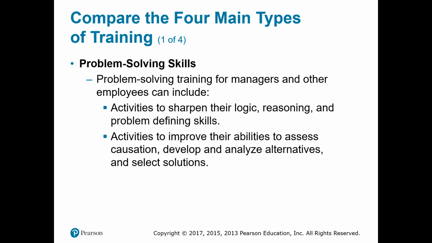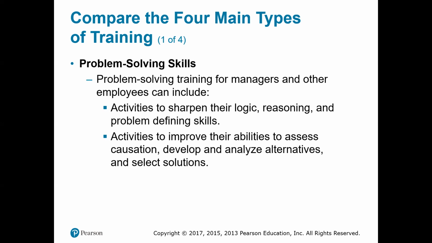And probably we cannot have one best solution for everything. So do we consider different alternative solutions to the problem? And then obviously it means decision-making skills as well. So you can train your managers, your supervisors, your employees on how to identify problems, how to collect data concerning the problem, how to analyze that data, and then come up with different solutions to the problem and determine which is the best possible solution at the given point of time in terms of feasibility, in terms of practicality, which is the best possible solution that can be implemented.